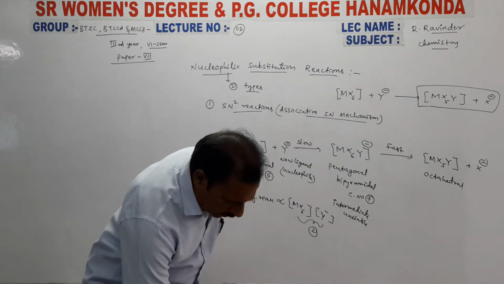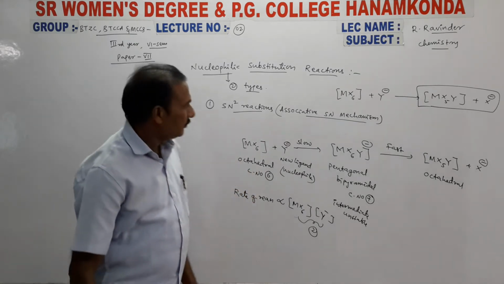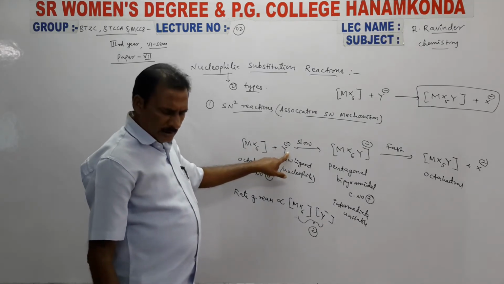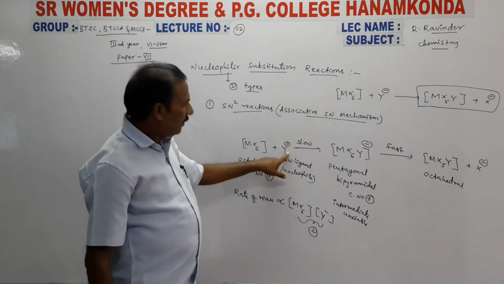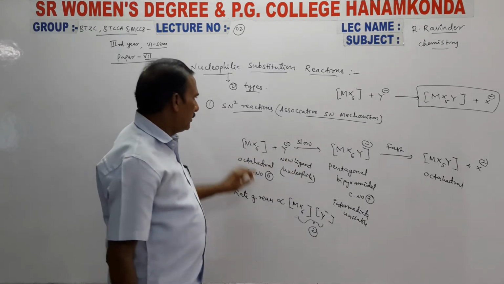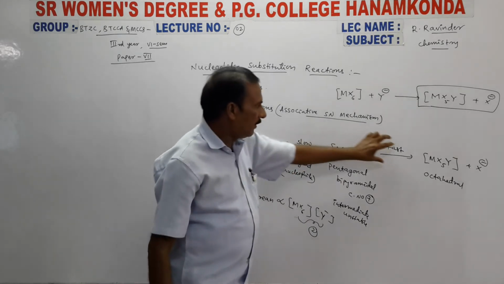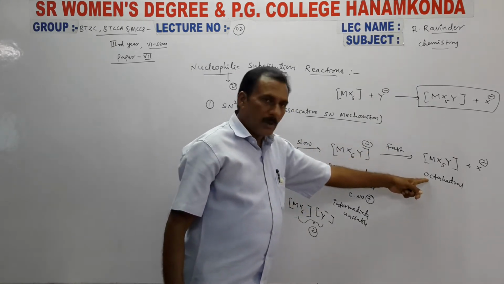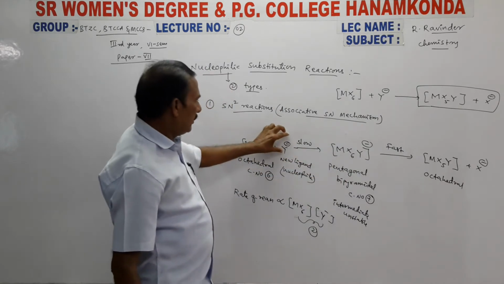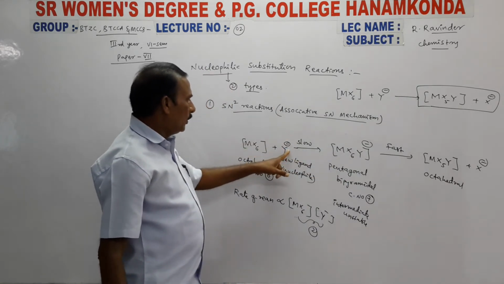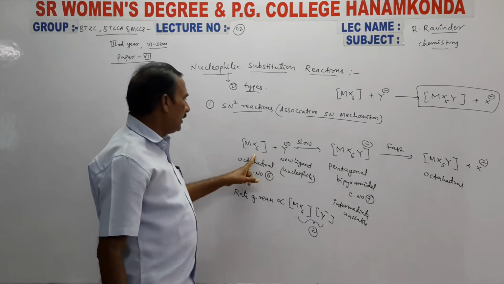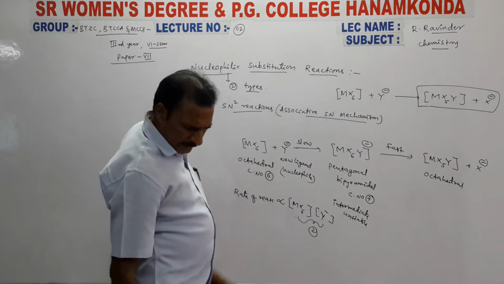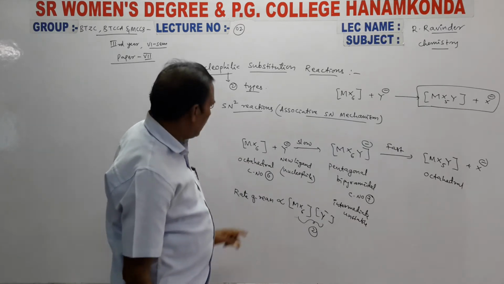In this reaction, the incoming ligand Y, firstly, in the slow step and fast step, the new ligand first adds to the MX6 molecule. It gets associated first.